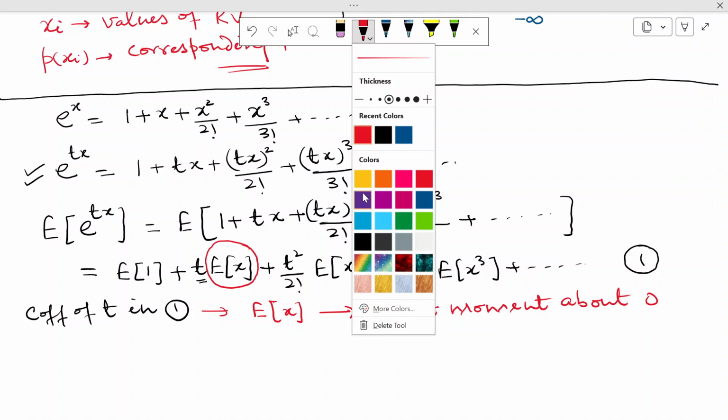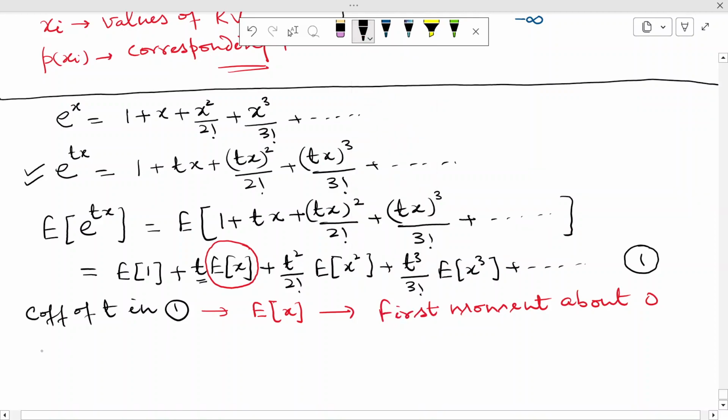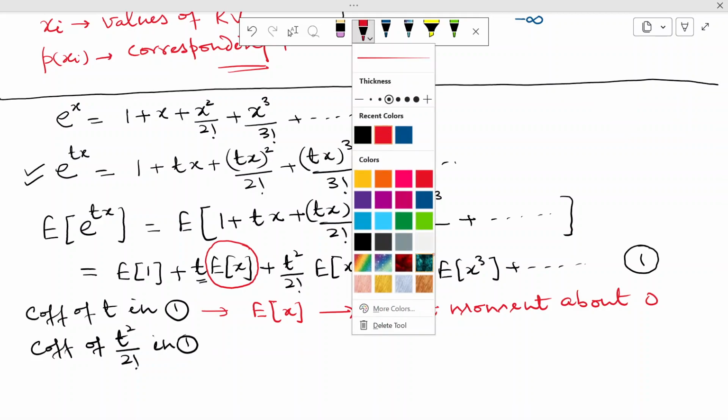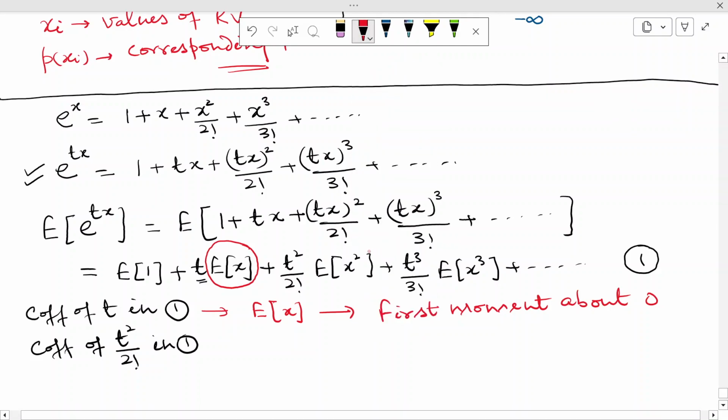Next, the coefficient of t square over factorial 2, again in expression 1, is the expectation of x square, which is our second moment about 0.